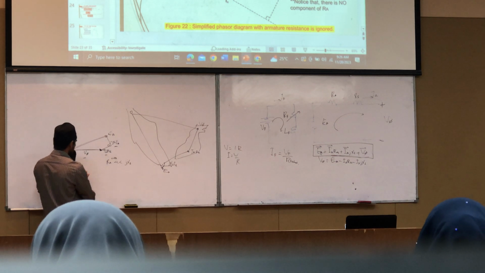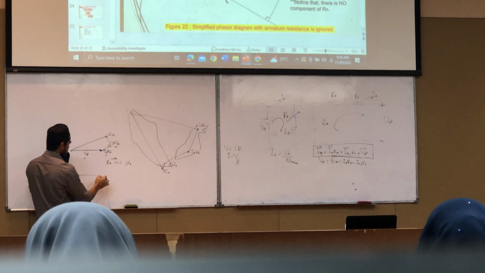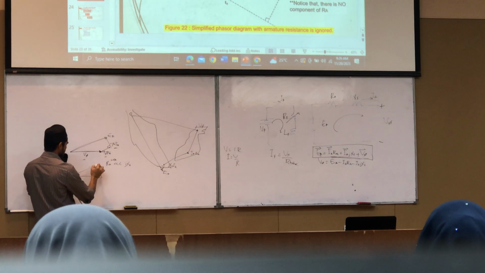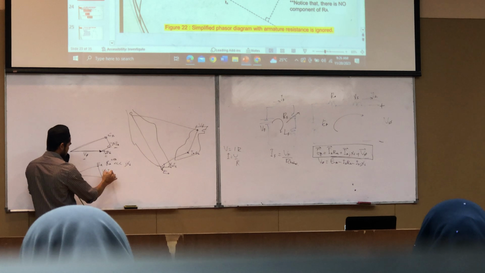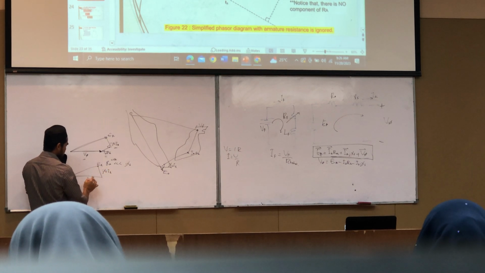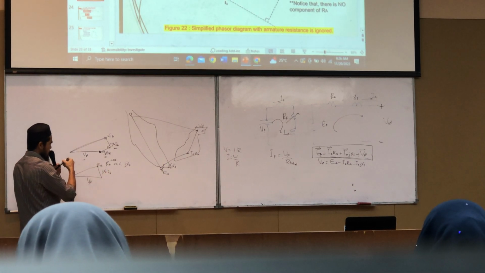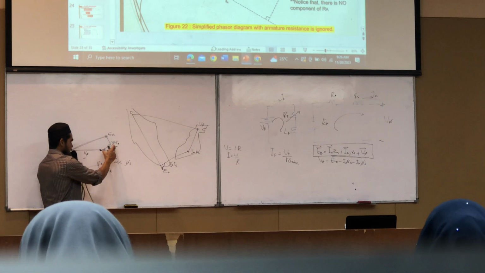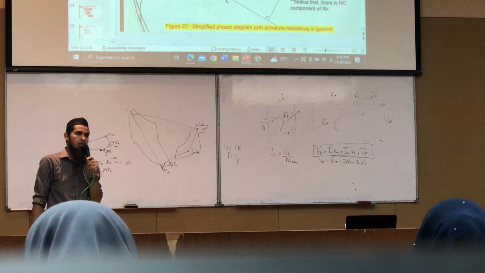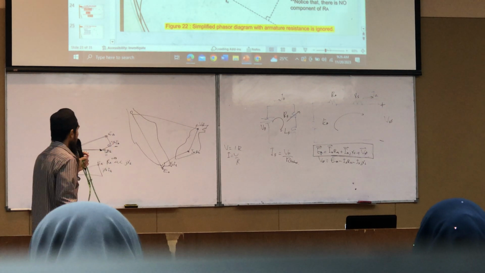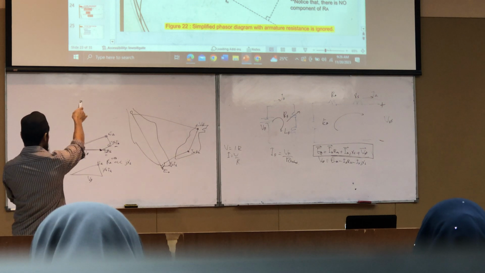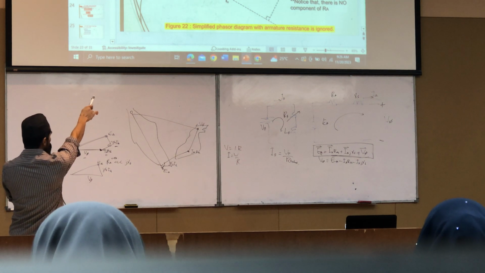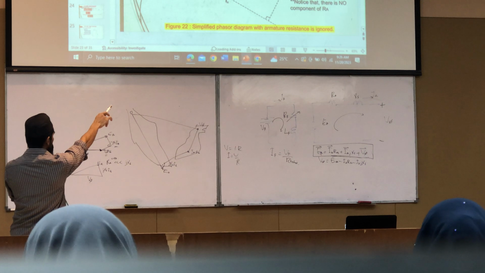That's why certain circuit kita akan tengok terus dia ada macam ni. V phase terus JXS IA. Yang komponen ni diabaikan. So that's why sometimes kita tengok yang atas tu kita ada komponen IRA dah tak ada.